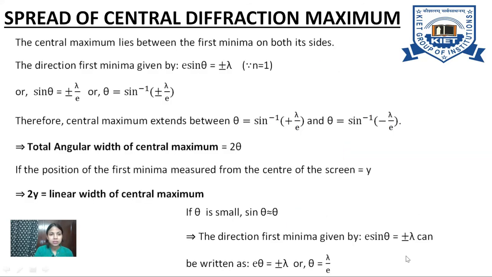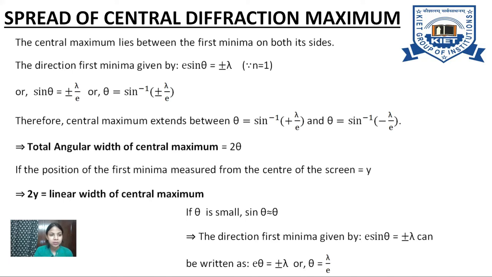We now study the spread of the central diffraction maximum or principal maximum. From what we have studied so far, we know that the central maximum lies between the first minima on both the sides. The direction of the first minima is given by the equation e sine theta is equal to plus minus lambda. Remember, we are taking the first minima, so n is equal to 1.